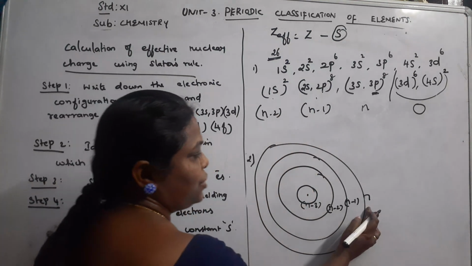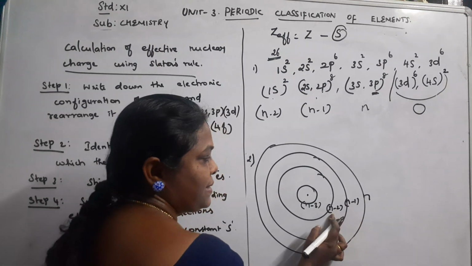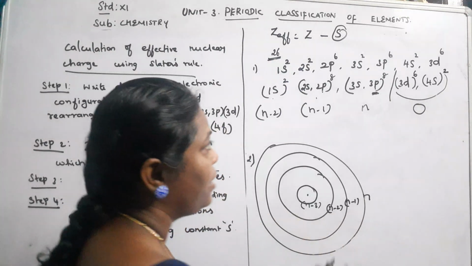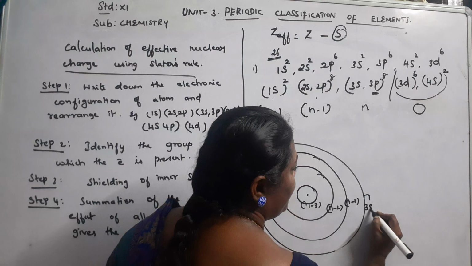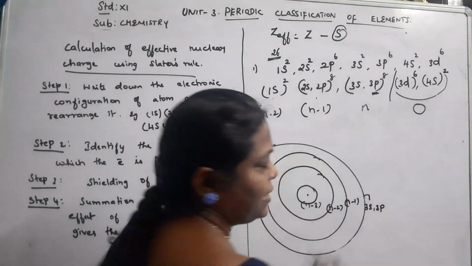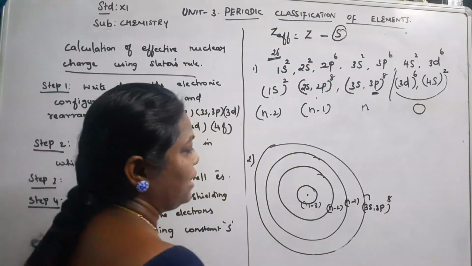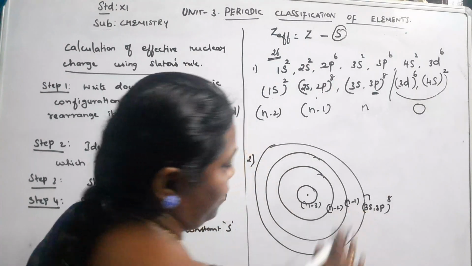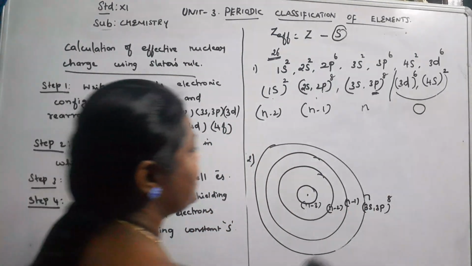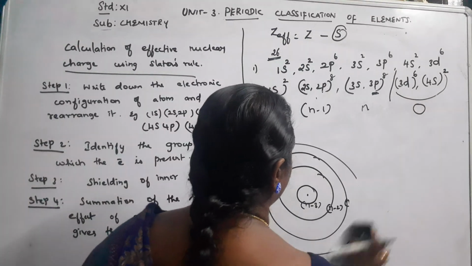This is the nth shell, this is n minus 1, this is n minus 2, n minus 3 and so on. Suppose the orbitals present here are 3s and 3p, which contain 8 electrons.